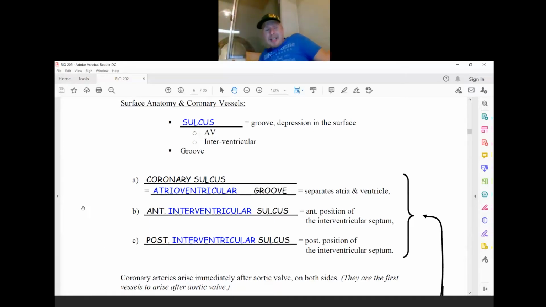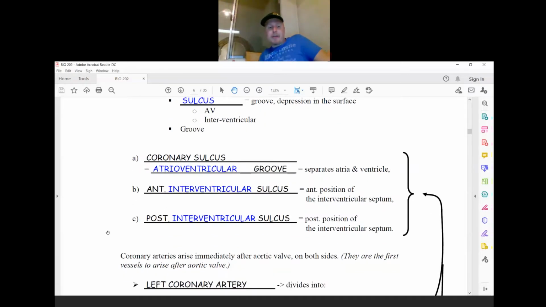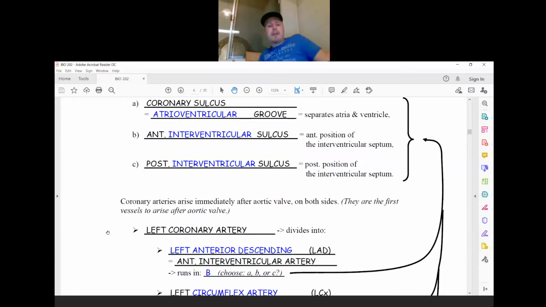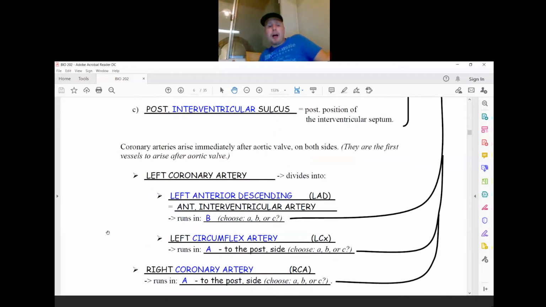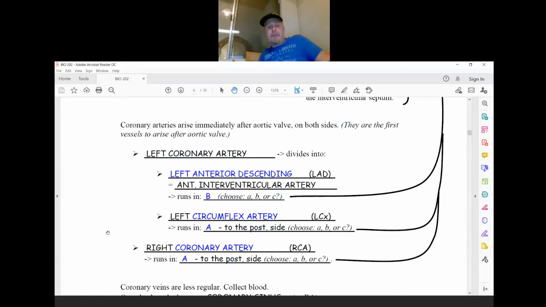Now these depressions on the surface of the heart become important when we look at the coronary arteries. Coronary arteries are what supply the blood to the heart itself, for example, the heart muscle. And that's really the main, important function of the coronary circulation.